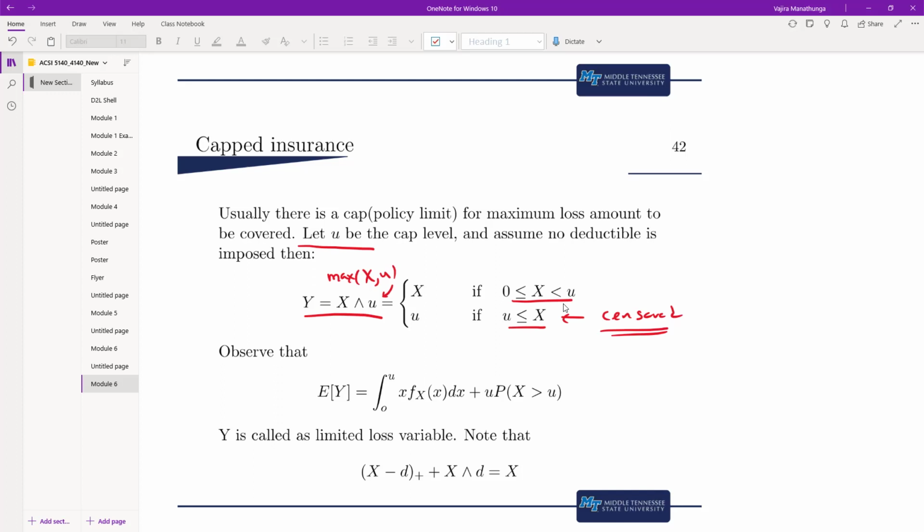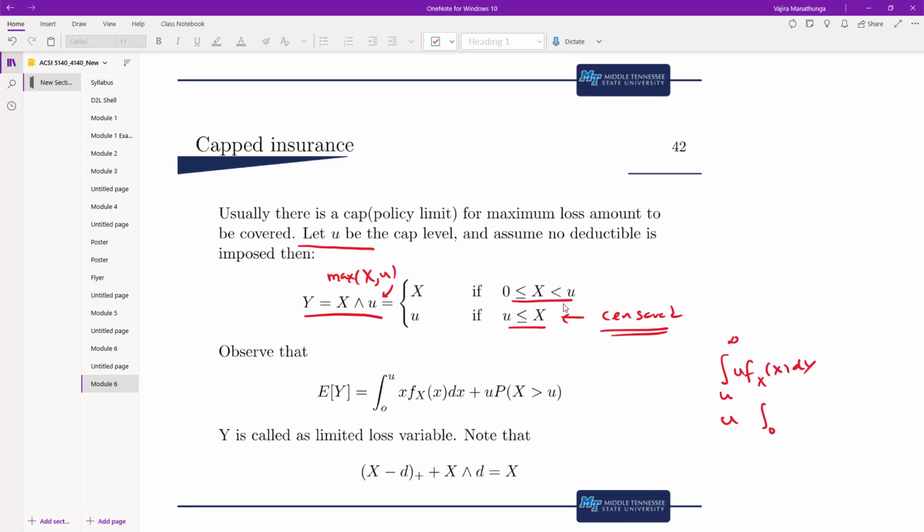Censored from above. Again, we can calculate the expected value of Y, which is the integral from 0 to u of x f_X(x) dx. From u to infinity, you still have u times f_X(x) dx.